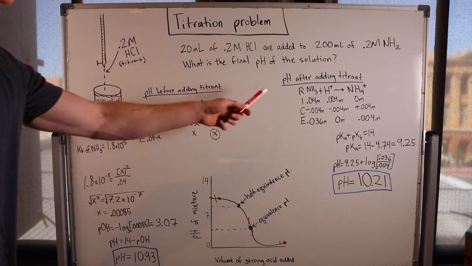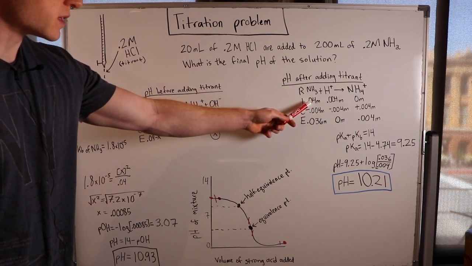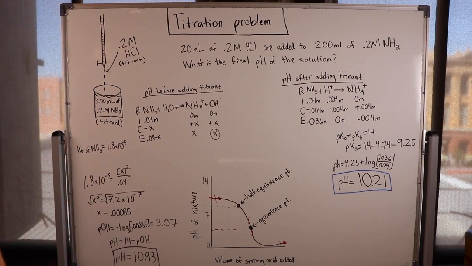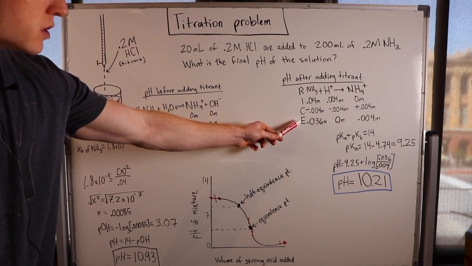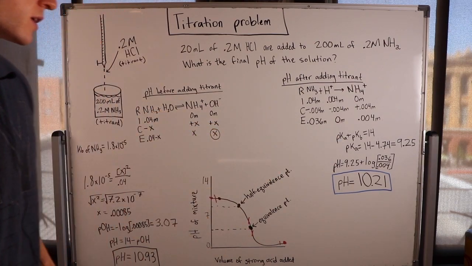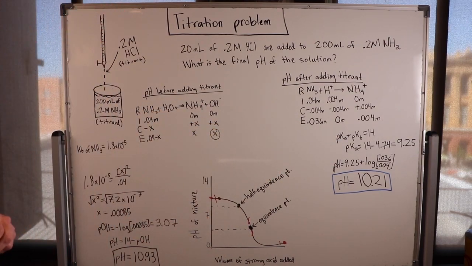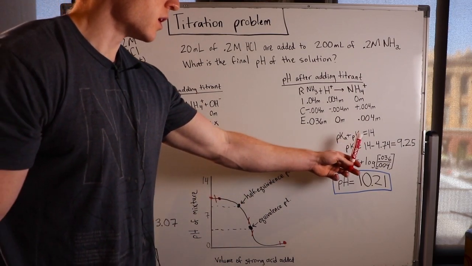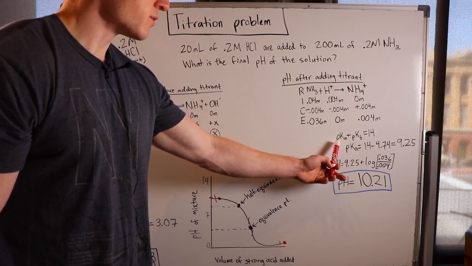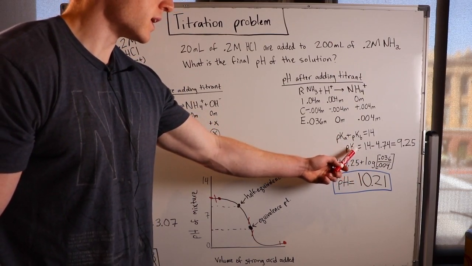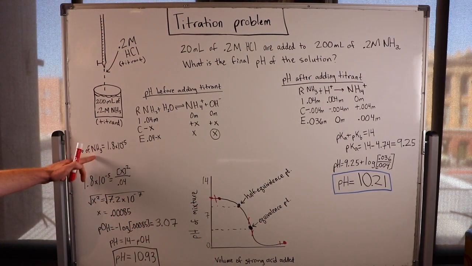So we'll set up our ICE table. We started out with these amounts that we found before, and we determined our equilibrium amounts. So now what we can do is set up our Henderson-Hasselbalch equation. So we know pH equals pKa plus the log of A minus over HA. But before we get there, we have to determine the pKa of NH4+, right?